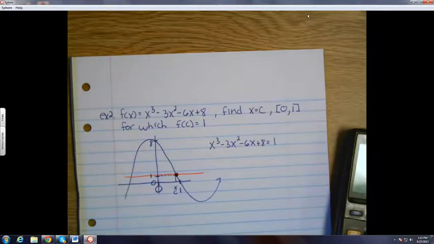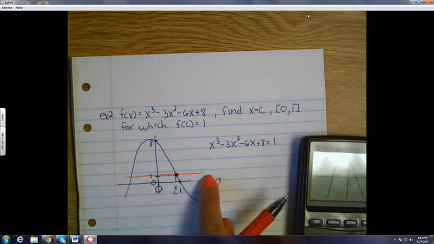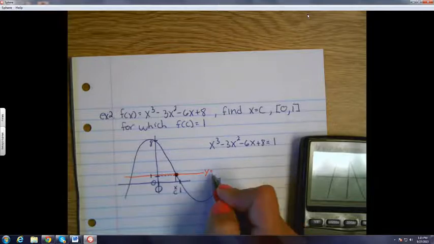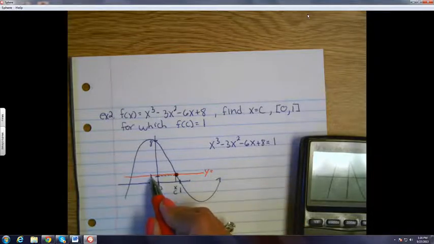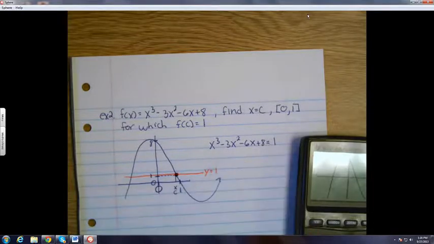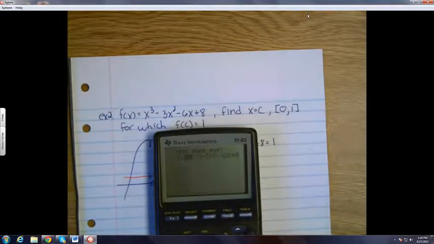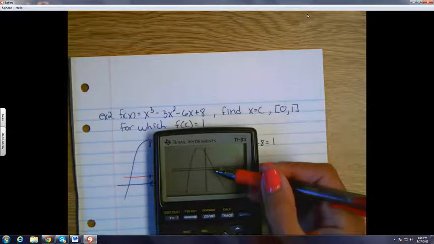So, all horizontal lines are y equals, and if y equals the number we're passing through, y equals 1. So let's go to your graph, y equals, go down to the second one, y equals 1, graph that. There's the horizontal line.